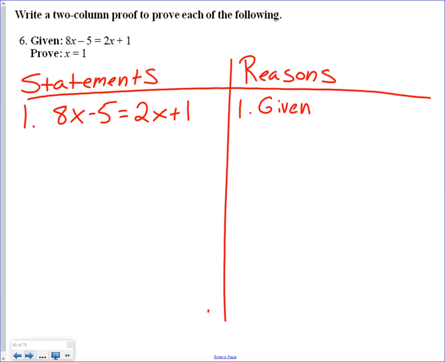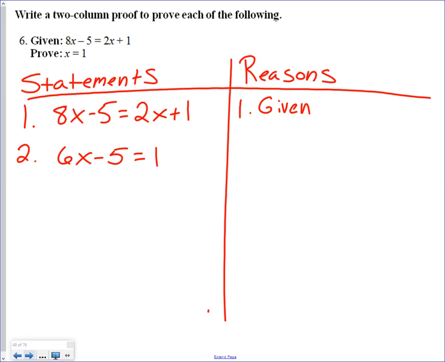I didn't really say, this is starting with a proof called an algebraic proof. The reason we start with algebraic proofs is because theoretically you should be able to do everything in the statements column without help, right? So how would you solve for x? You might subtract 2x from both sides, and what would you get? 6x minus 5 is 1, right?